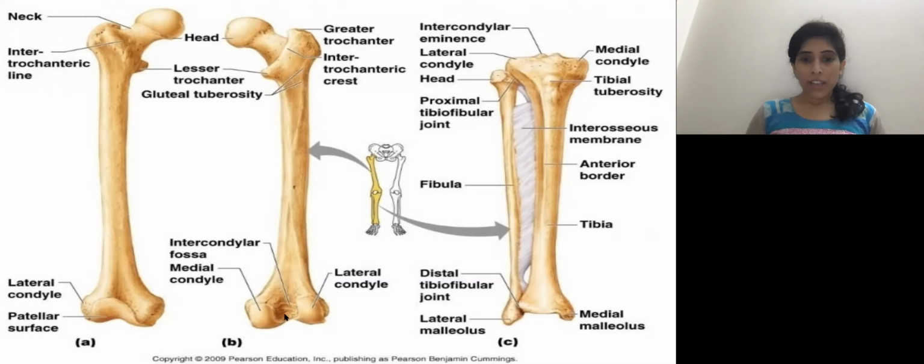Here you all can see there is an intercondylar notch present on the femur, whereas the intercondylar tubercle is present on the tibial surface. During the extension motion, the intercondylar tubercle gets locked into the intercondylar notch.